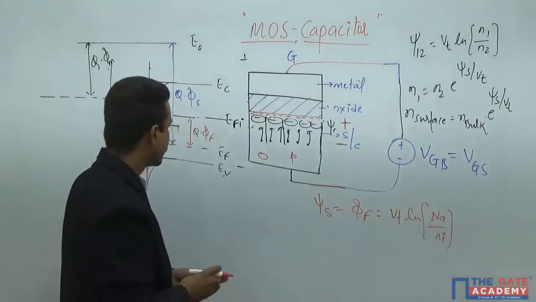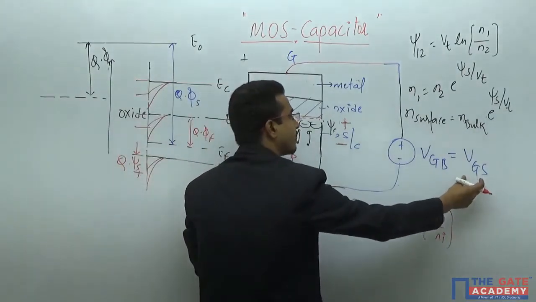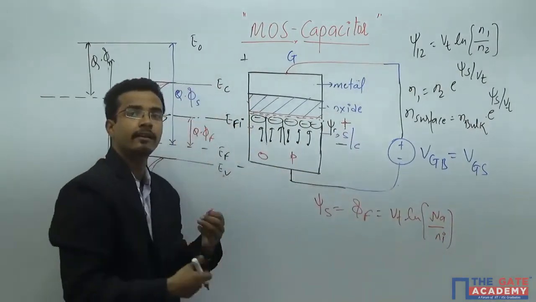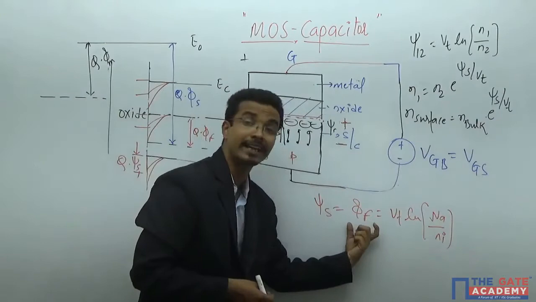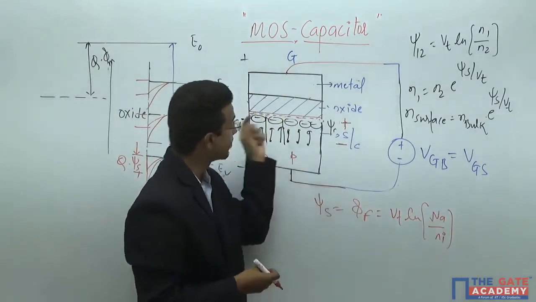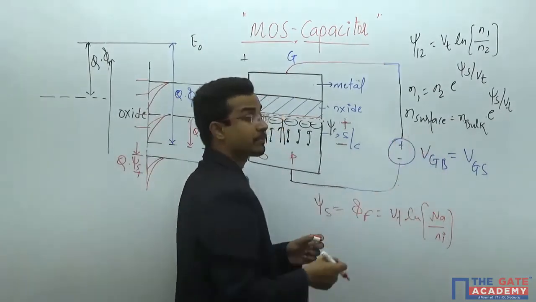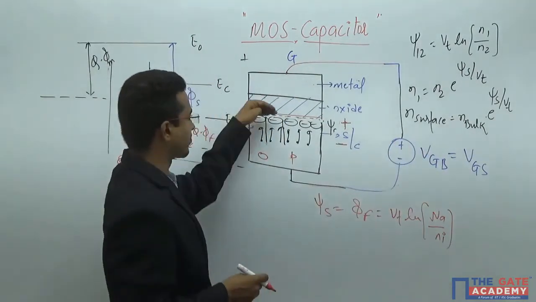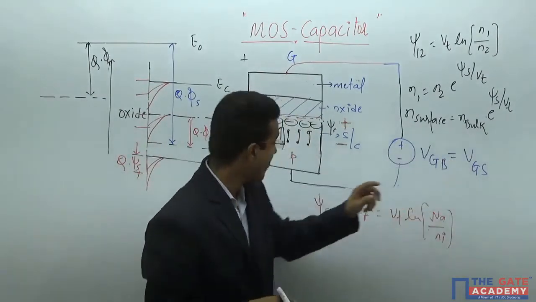Now what will happen if you keep on increasing VGS? This psi S will keep on increasing. And if psi S is large enough, equal to phi F, then what will happen here? Calculate N surface, the number of electrons at the surface, where the number of electrons in the bulk is the minority concentration.